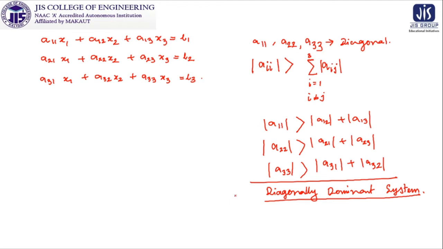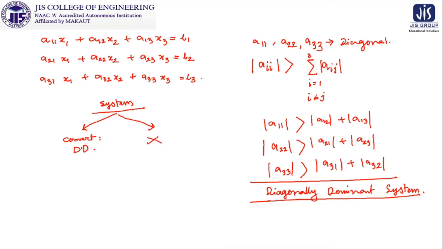Now one can check whether a system is diagonally dominant. But if a system is not diagonally dominant, what can we do? In those types of systems, we can have two classifications: one, we can convert it into a diagonally dominant one, and the other, where we can't.